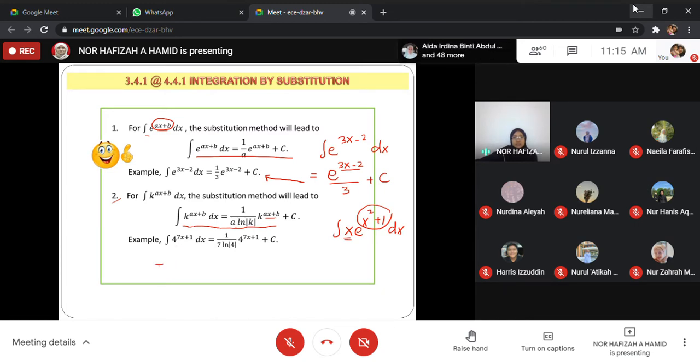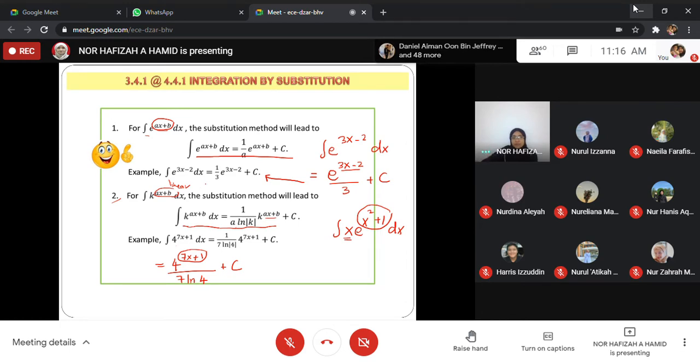Same as before, first you copy 4 to the power of 7x plus 1, and divide by 7, which comes from differentiation of 7x plus 1, and next you have ln 4, plus c. So that is for formula number 2. Formula number 2 is also the same: the power of k must be linear, then you can solve using the formula.